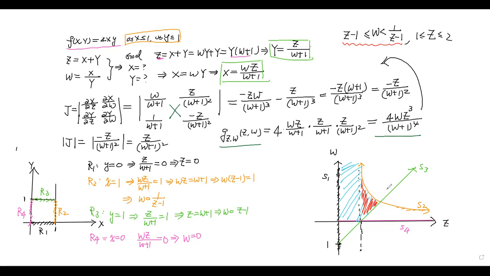You can find this point is z equal to 2 here. And also w, the w axis here is from 0 to infinity, right?